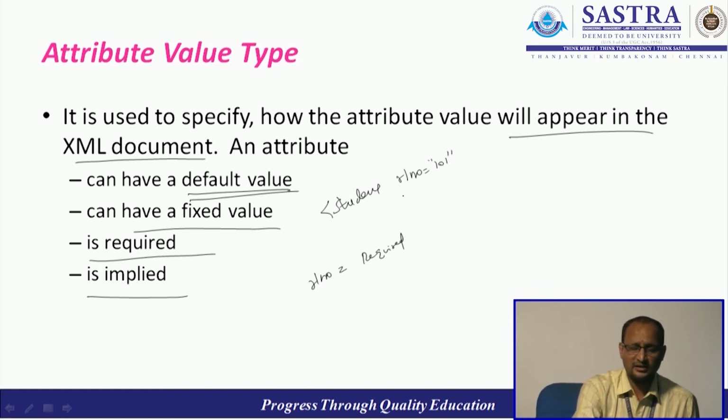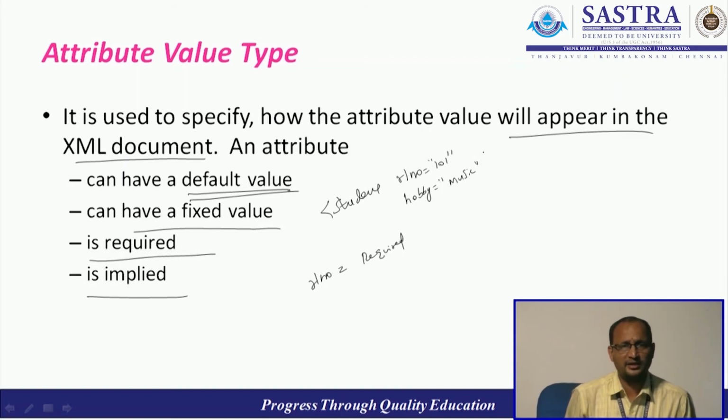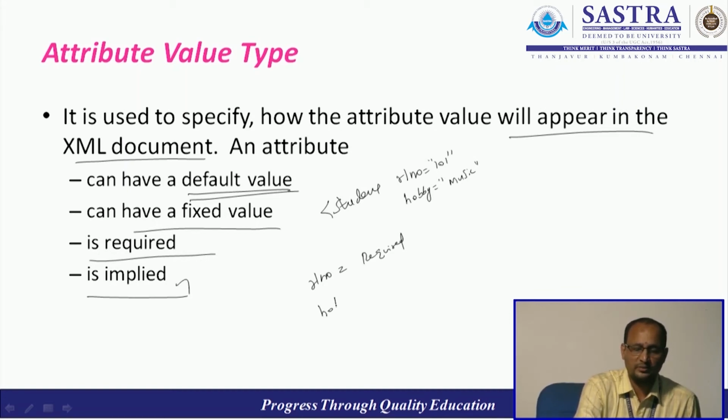Next element, attribute hobby. It is not mandatory for all. So if the student is willing to enter hobby detail, then we can give. So it is a kind of optional one. So we can go for implied. So hobby implied.